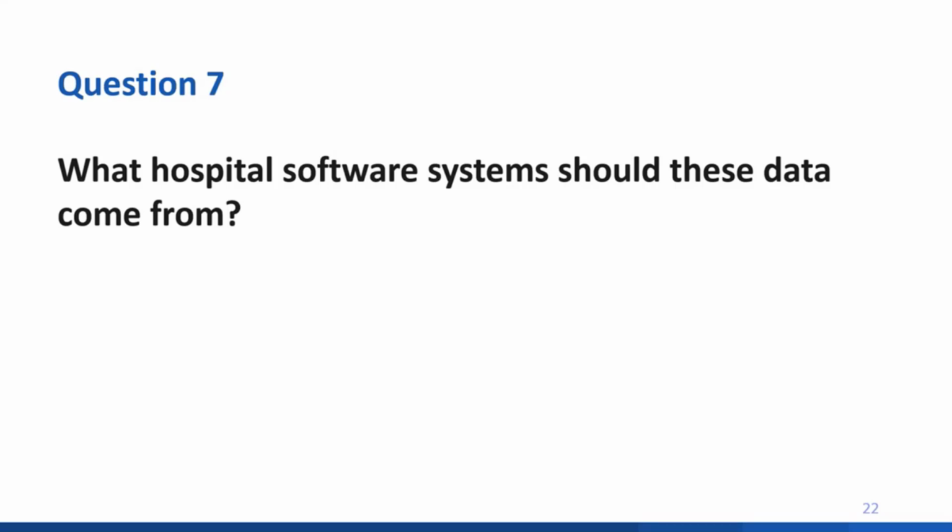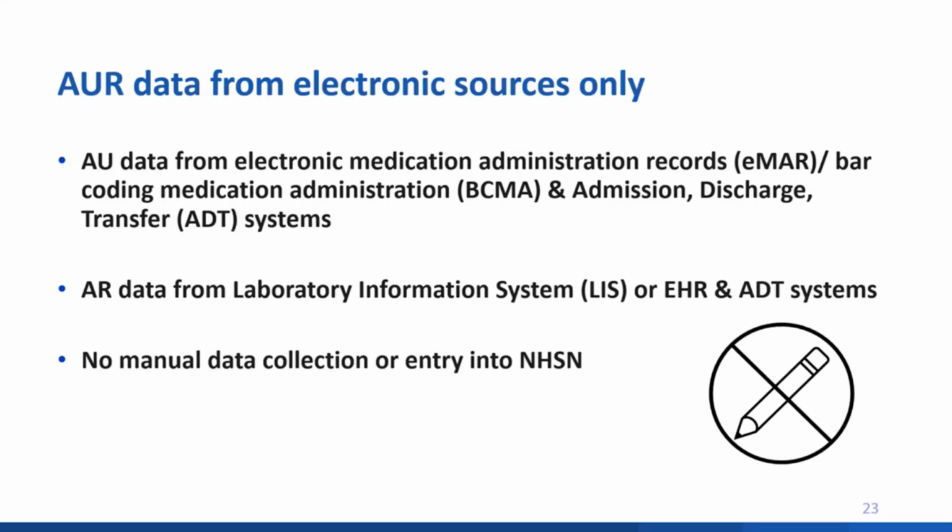What hospital software systems should these data come from? Next slide, please. AUR data comes from electronic sources only. AU data comes from electronic medication administration records, or EMAR, or barcoding medication administration, which is also called BCMA, and admission discharge transfer system.